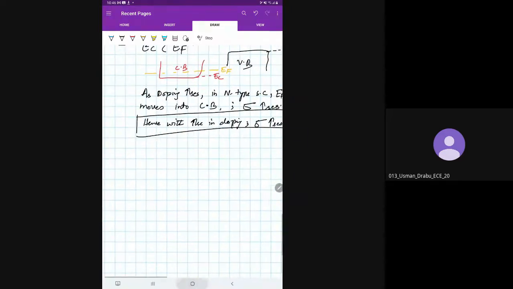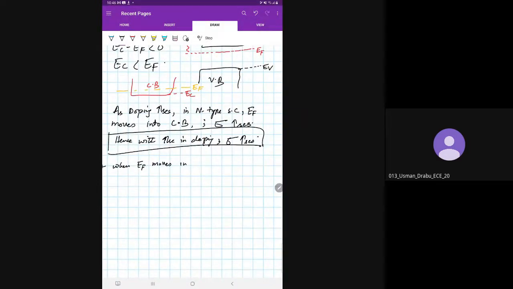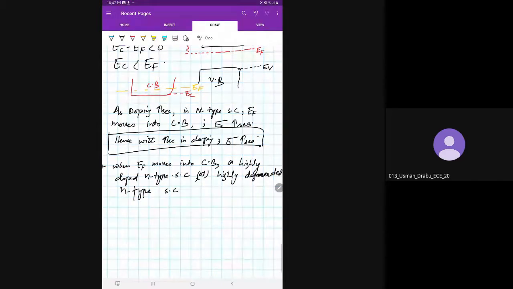So I'll write down this line: when EF moves into conduction band, a highly doped n-type semiconductor, or highly degenerate n-type semiconductor, is obtained.